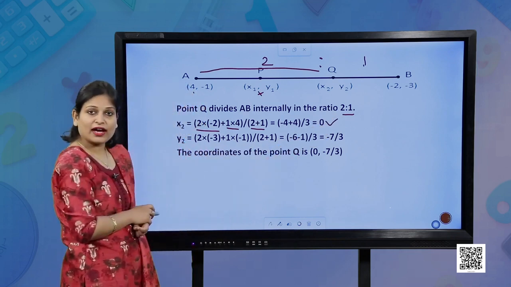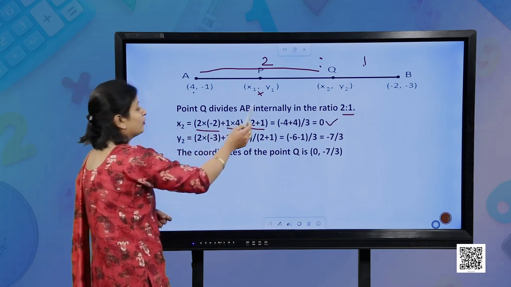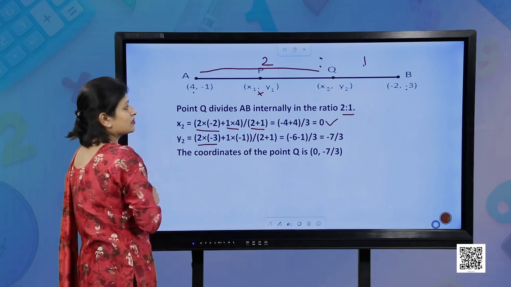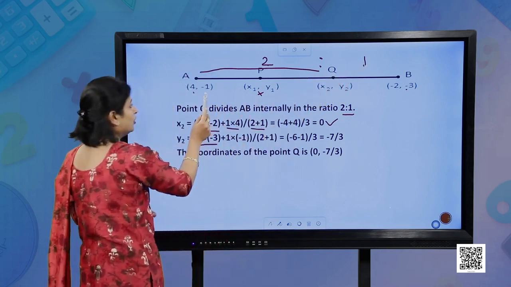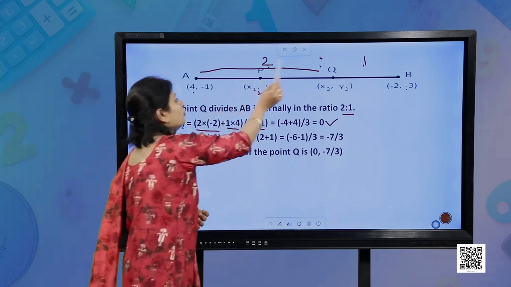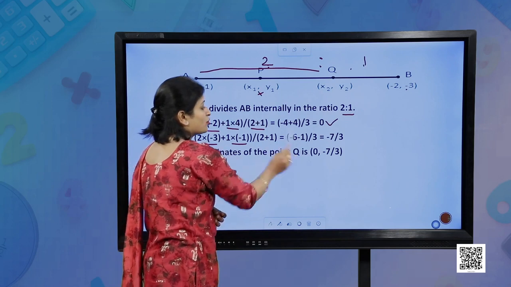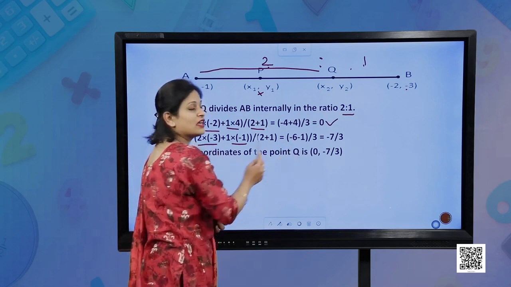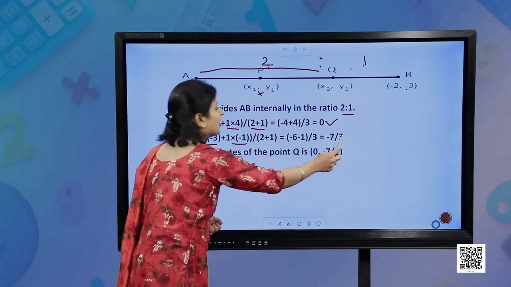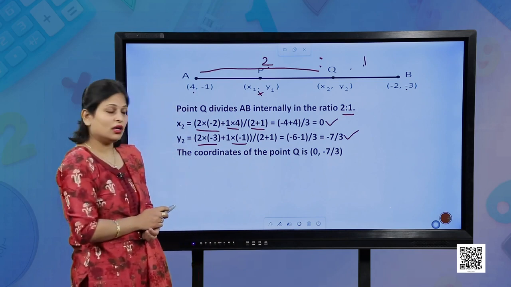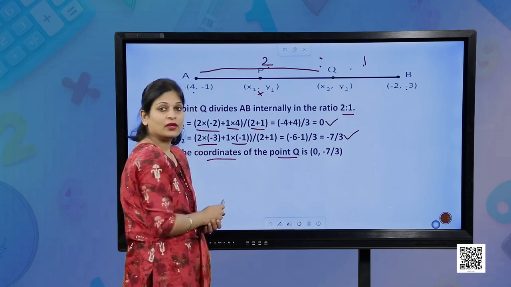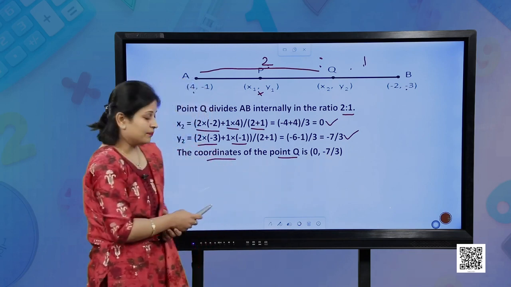For the value of y2, how will you calculate it? 2 into minus 3 plus 1 into minus 1 divided by the sum of the ratios, which is 2 plus 1. After solving, minus 6 minus 1 in the numerator and 3 in the denominator. So, you will get minus 7 by 3. So, the coordinates of the point Q will be 0, minus 7 by 3.